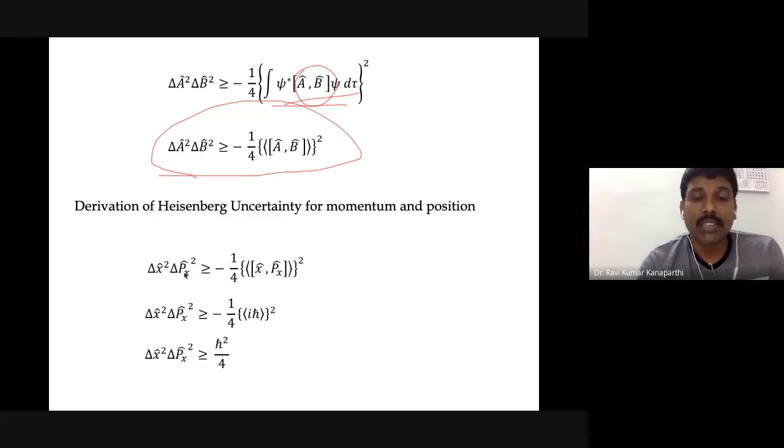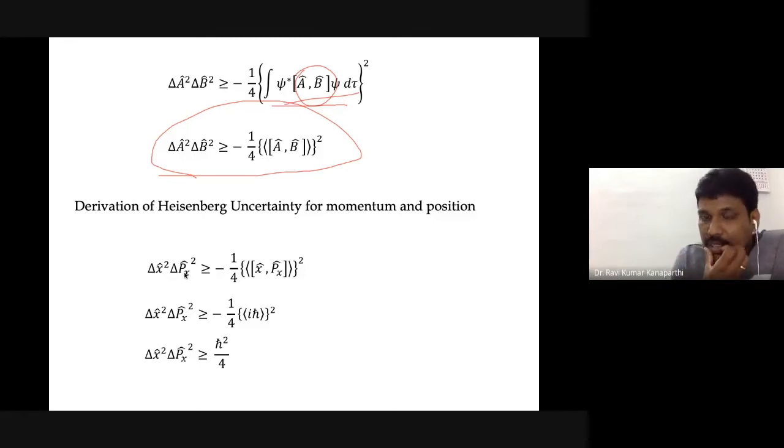Please remember that this commutator of x comma px, we have evaluated as the commutator px comma x at the beginning of my lecture today. That problem is done. That is nothing but i h cross. So it is the expectation value of i h cross, squared, on the right hand side.